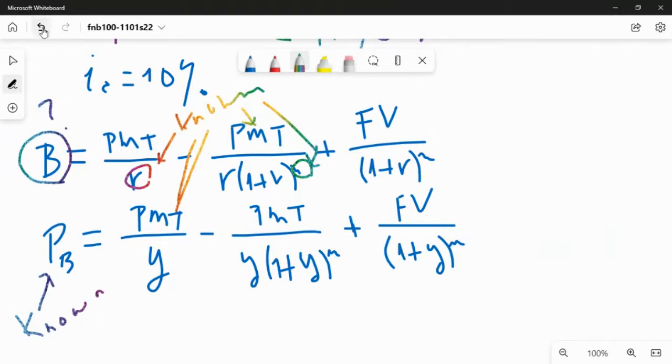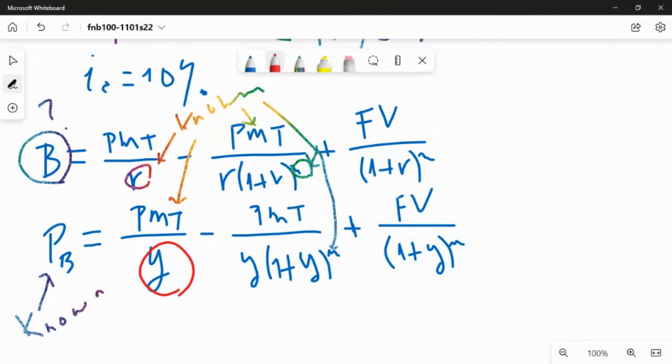Payment is known, N is known, and then what is the unknown? The unknown is this: y is the unknown.